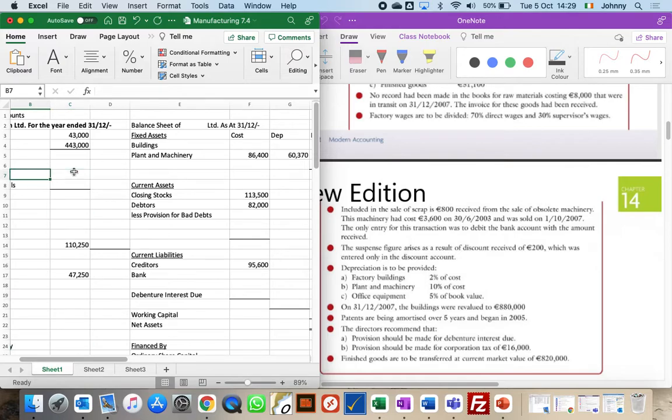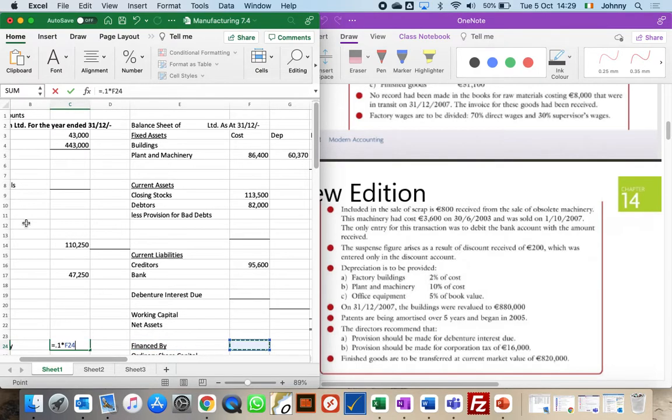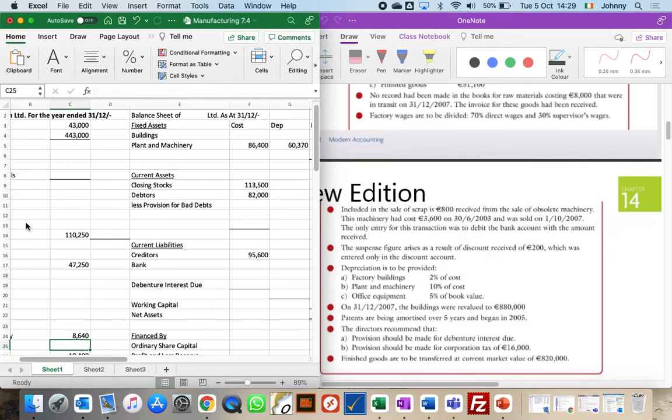So the depreciation of plant and machinery is going to be over here in the manufacturing account. It's 0.1 multiplied by the figure that we have at the moment for plant and machinery, which is 86,400, after the 3 grand taken out. And then that 8,640, we will add to the accumulated depreciation.